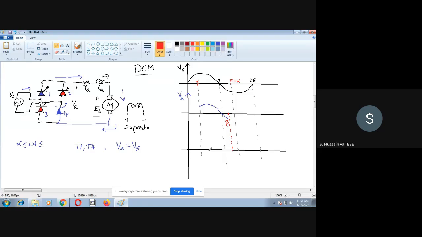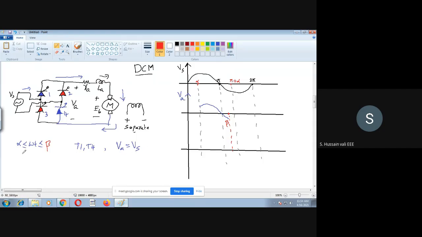So T1 and T4, the current is 0, so T1 and T4 will be turned off automatically at beta. I will write the other end here as beta. So between alpha to beta, T1, T4 will conduct, so the output voltage is the same as the supply voltage.